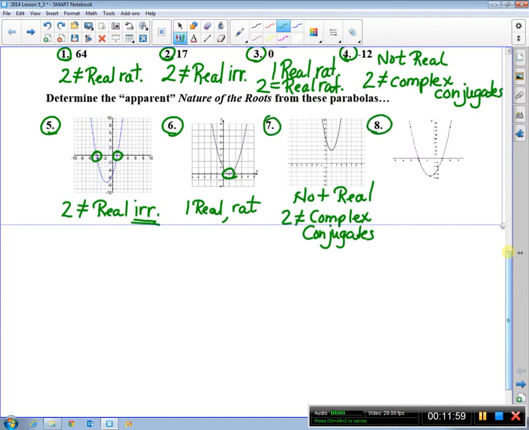Number 8, last but not least, looks like the intent is it's hitting right there and right there perfectly. If it's perfectly, 2 unequal, they're real and they're nice, rational values. Good, let's keep going.